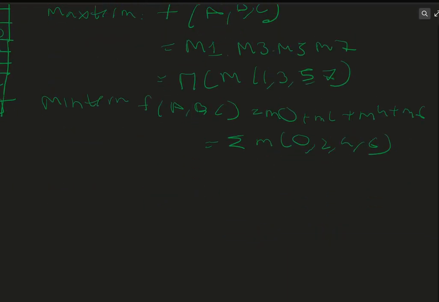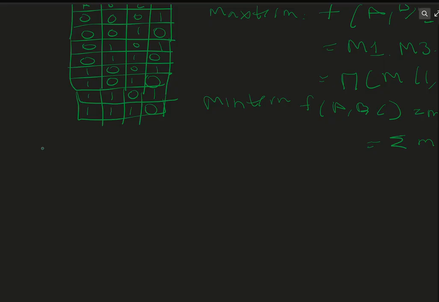Okay, so 6. We need to use NOR gates. NOR gates means you need to get into additional form A, B, C. So we are going to do the double bar, X double bar.